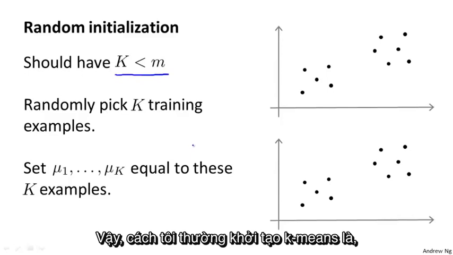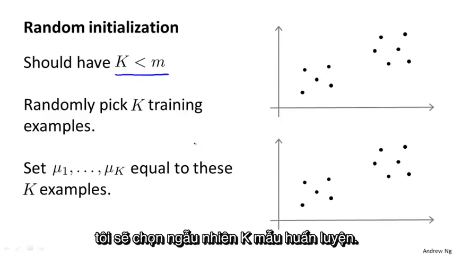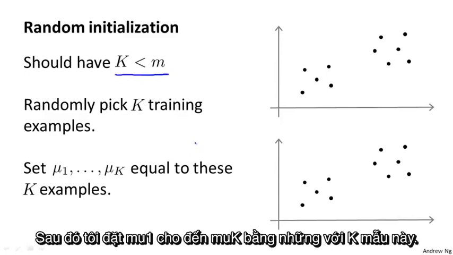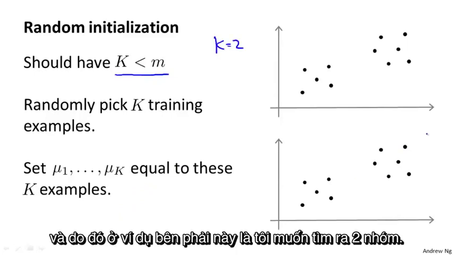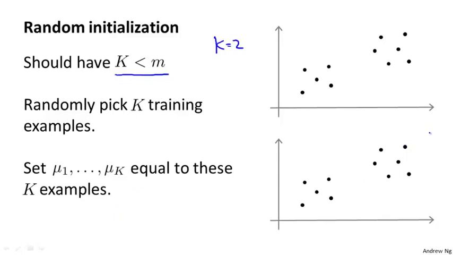So the way I usually initialize k-means is I would randomly pick k training examples. What I do is then set mu1 up to mu k equal to these k examples. Let me show you a concrete example. Let's say that k is equal to 2, and so on this example on the right, let's say I want to find 2 clusters.